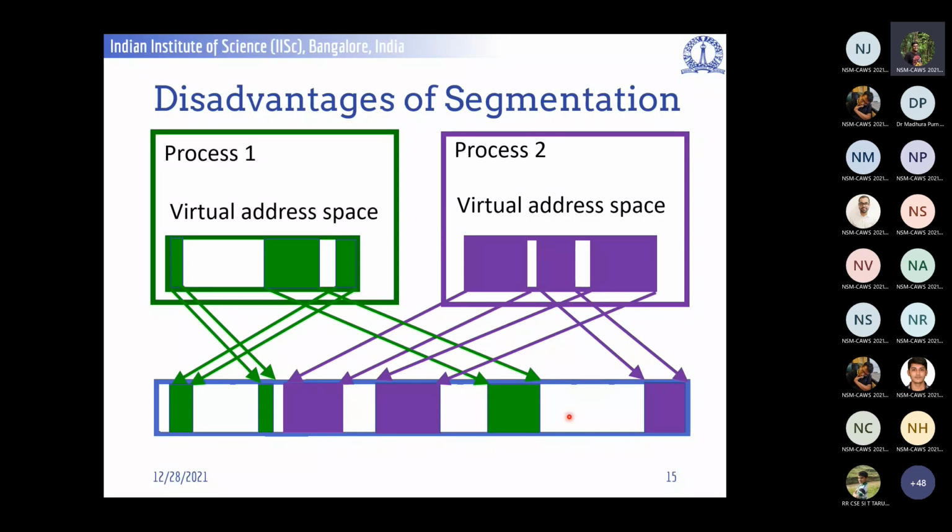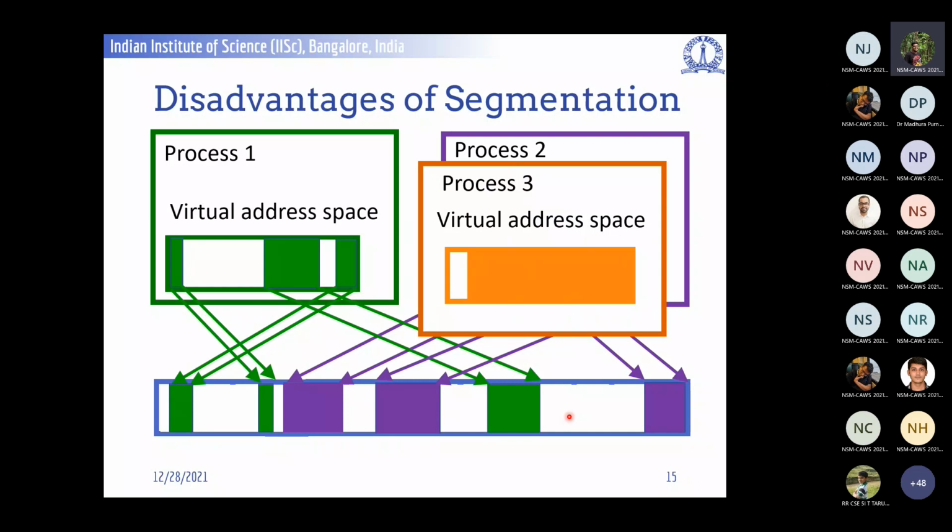At this point, process 3 comes, which wants to allocate a really large portion in its segment. Now, you can see that if you add up all these white spaces, the free physical memory in the physical address space, you could easily support the need for mapping this orange process's segment.